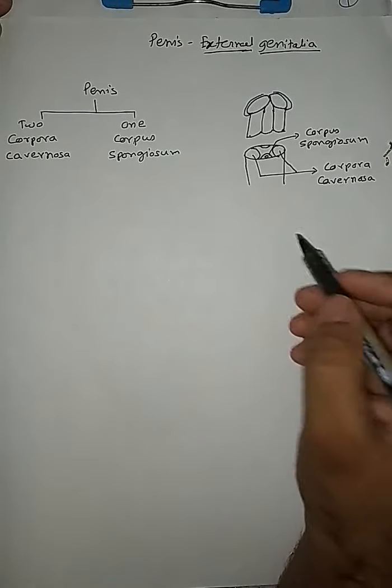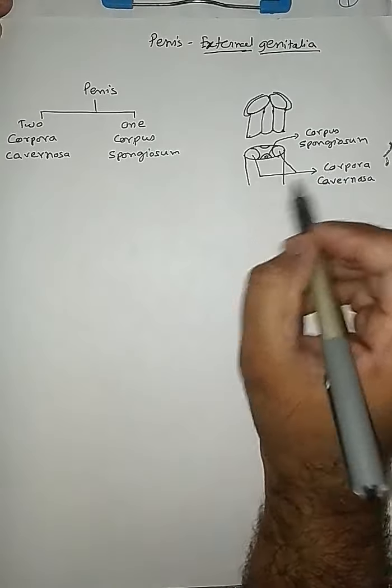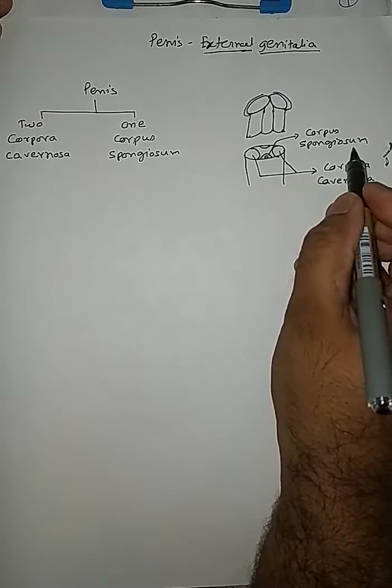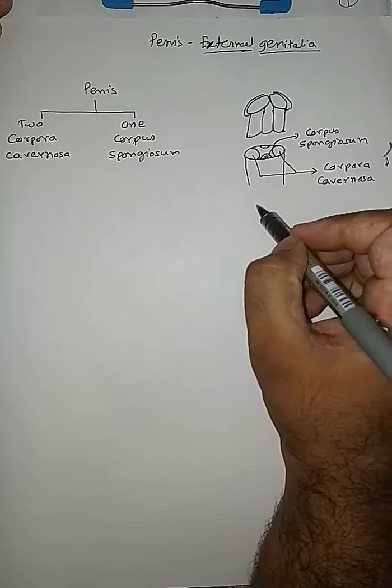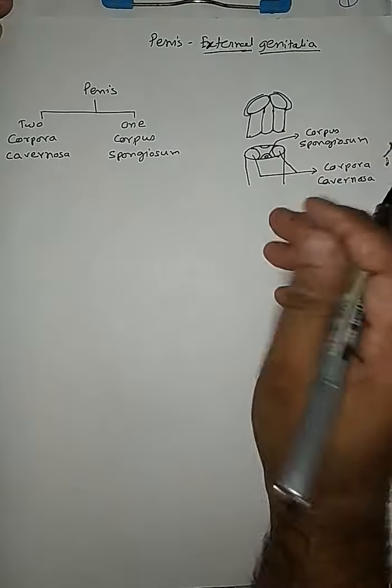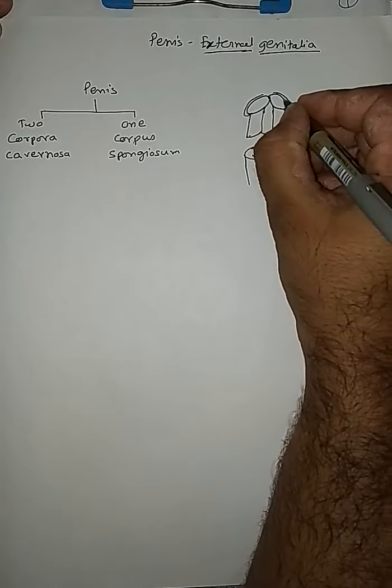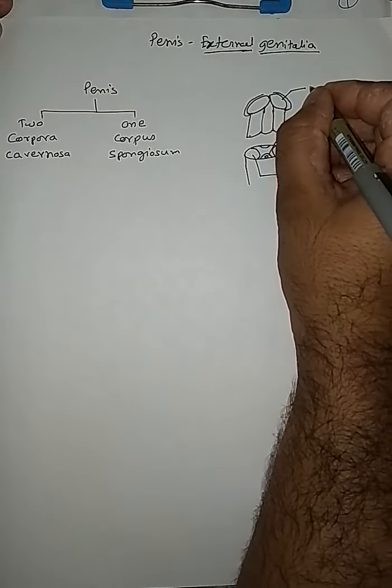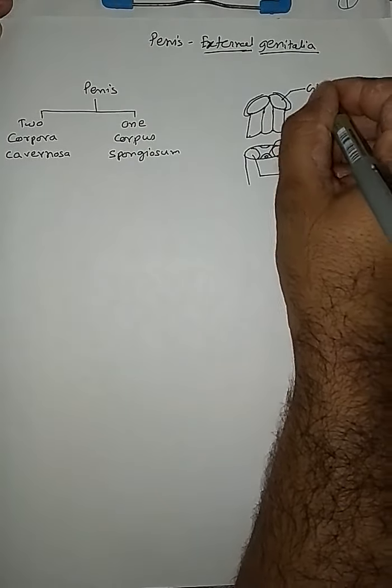Now this corpus spongiosum goes to the tip and converts into a bulging, and this bulging is called the glans penis.